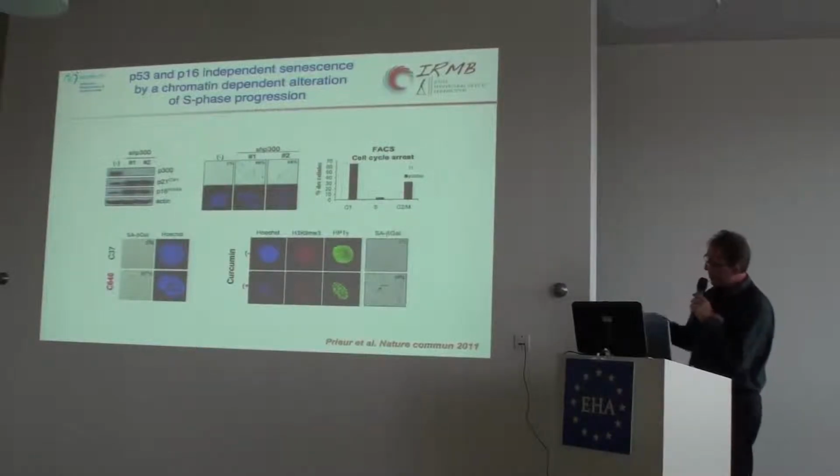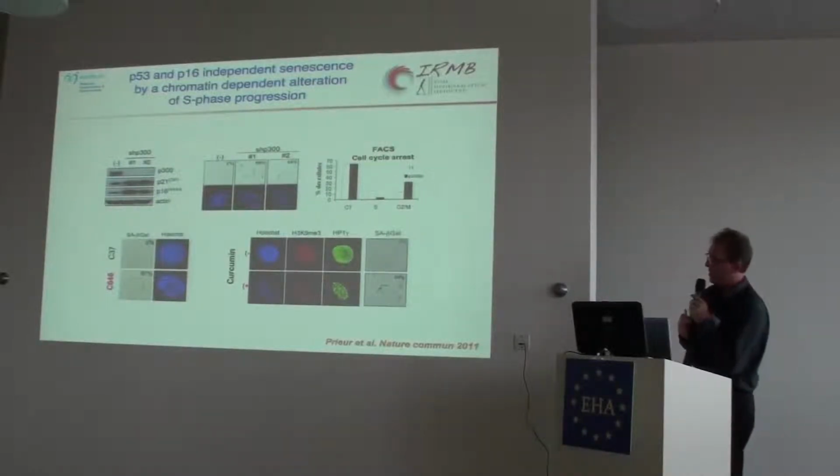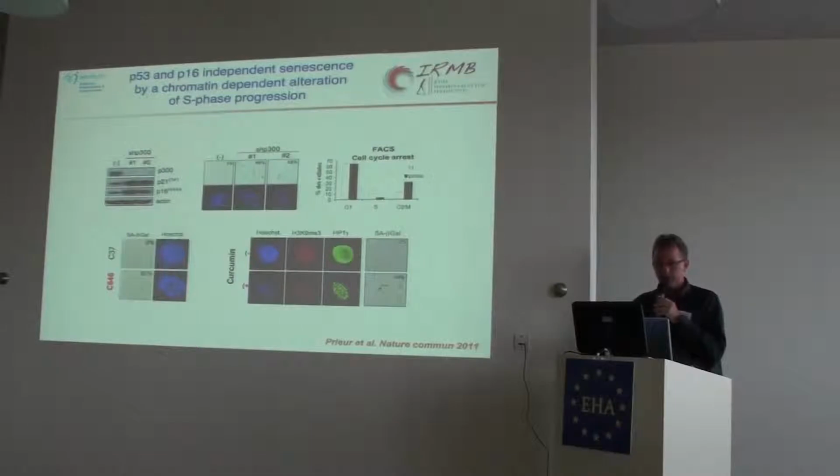What we also learned with this study is that the induction of senescence by inhibition of P300 is independent of p53 and p16, suggesting that we have not only one way to induce senescence, and there are possibly a lot of different mechanisms depending on the pathway activated.